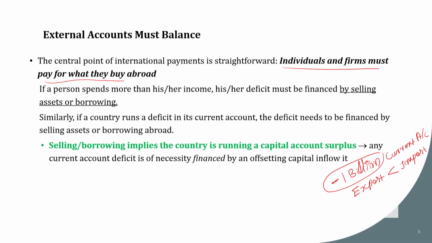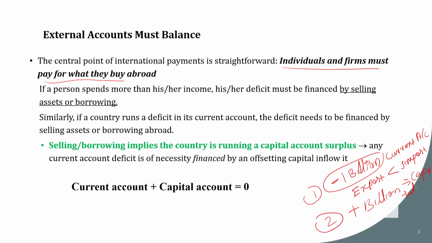That means if there is a 1 billion deficit in the current account, then we need to have 1 billion of surplus in the capital account. That is the money that we are getting from abroad by selling assets like gold or borrowing from abroad.